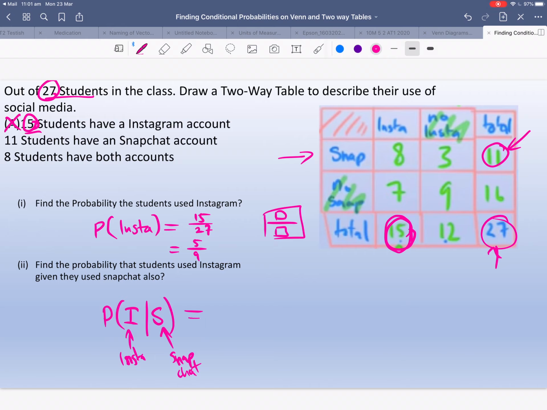The total amount of students we're looking at is 11. How many liked Instagram given they like Snapchat? We're looking at this row: there's 8 students that like both. So it's 8 over 11. We've shrunk the universe as well, so we're not interested in this 27 for this particular question because of the word given.